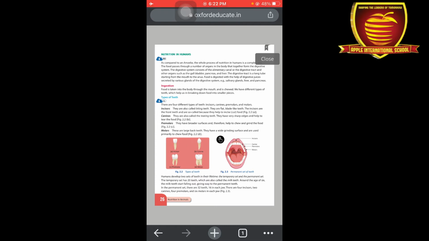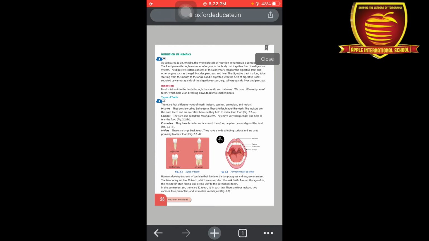Next, humans develop 2 sets of teeth in their lifetime. Means humans get teeth 2 times in our life. The first is the temporary set of teeth and the second is the permanent set of teeth. The temporary set has only 20 teeth, which are also known as milk teeth.